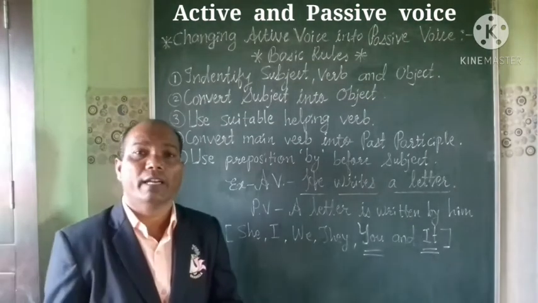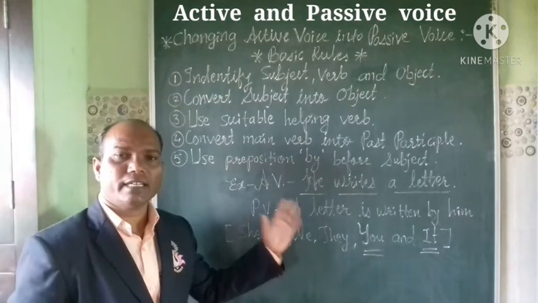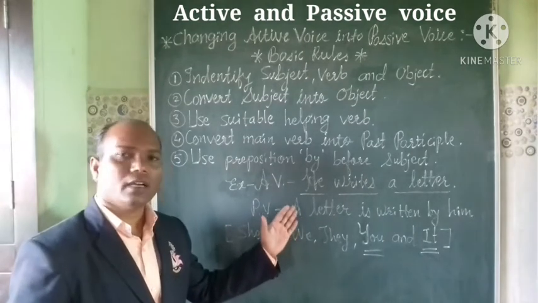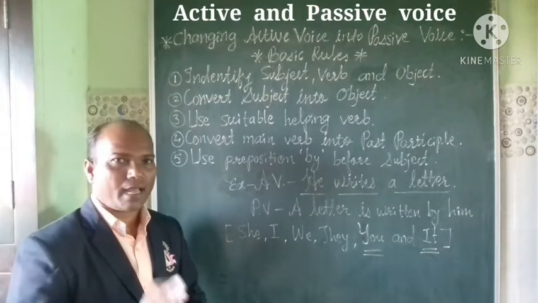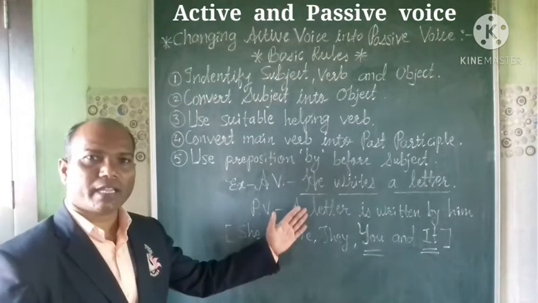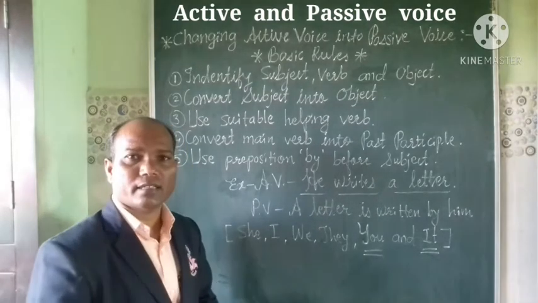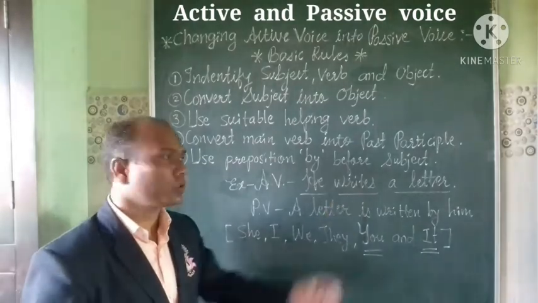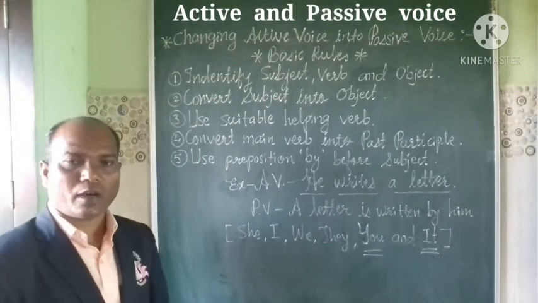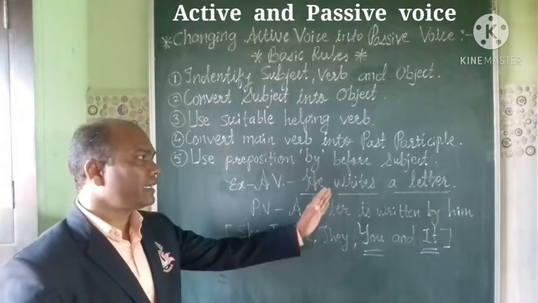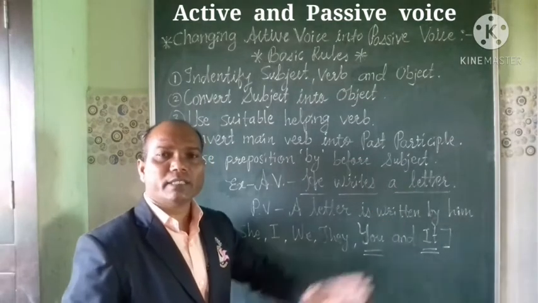We know how to find an object in the sentence. We can ask the sentence a question with what or to whom. The answer will be an object. So here we can make a question like this: what does he write? The answer is a letter. So a letter is an object. Now after identifying the subject, verb and object, which is the next step?